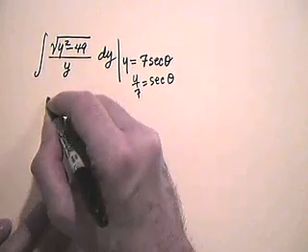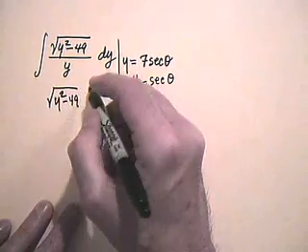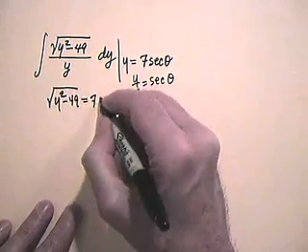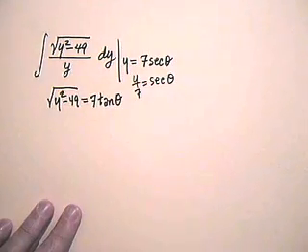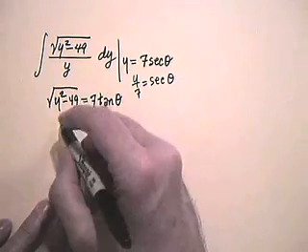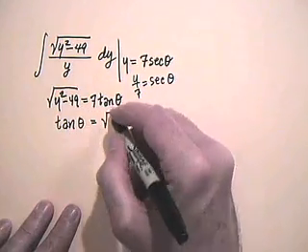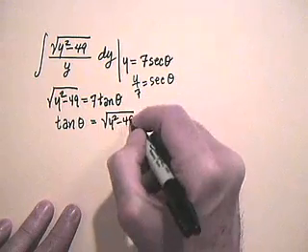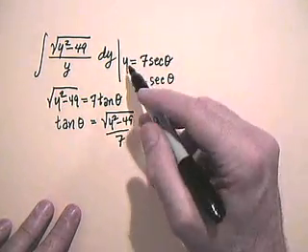So the radical y squared minus 49 becomes 7 tangent theta. Or in other words, the tangent of theta is the radical y squared minus 49 divided by 7. What about dy?